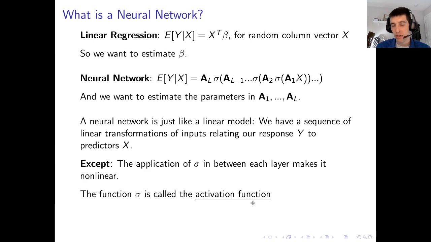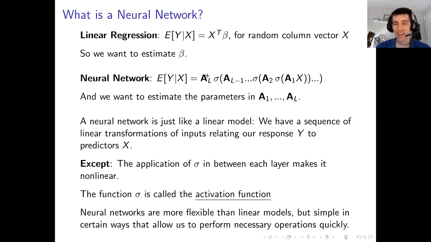And here is the vocabulary word which I mentioned on the previous slide: this nonlinearity is called the activation function. In general, you can be a little more exotic, in the sense that you don't have to have the same nonlinear function at every layer. Oftentimes people do, but you could imagine changing this nonlinear function so that it's slightly different between layers.